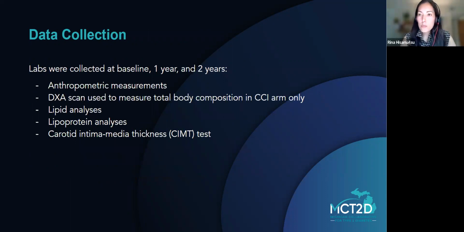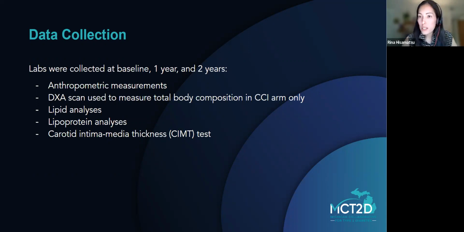All right, in terms of data collection, labs were collected at baseline, at 1 year and at 2 years. The data collection included anthropometrics, such as BMI, weight, and height. A DEXA scan was used in the CCI arm to measure total body composition.